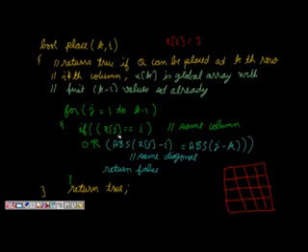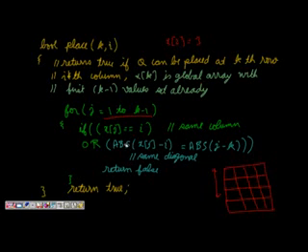We are trying to place in the kth row, and j we will try from 1 to k minus 1.